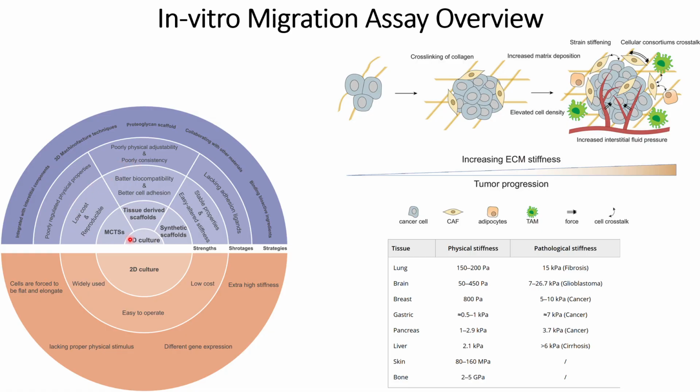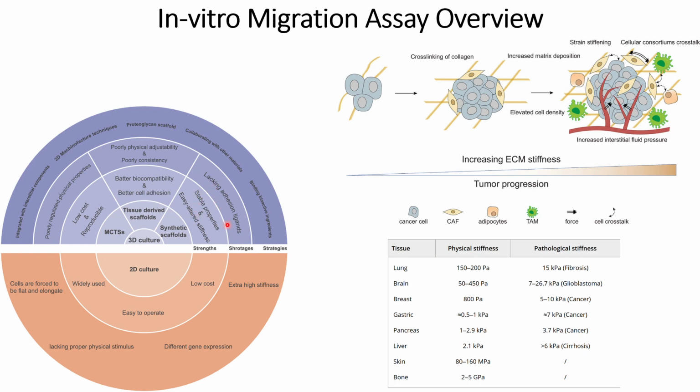The interactions of the cells with the extracellular matrix are not that good. In the case of tissue-derived scaffolds, reproducibility is the concern, but they provide better cell adhesion and biocompatibility. And the synthetic scaffolds are stable, and one can easily alter their stiffness to observe cell behavior.